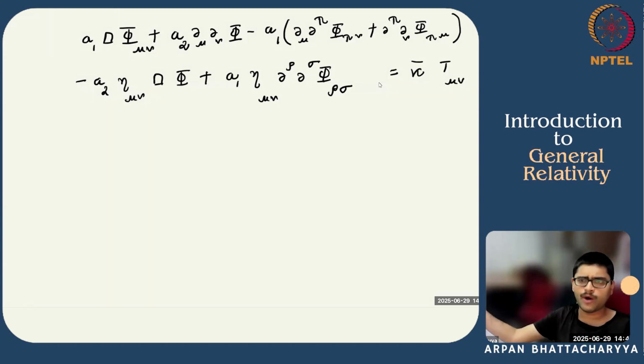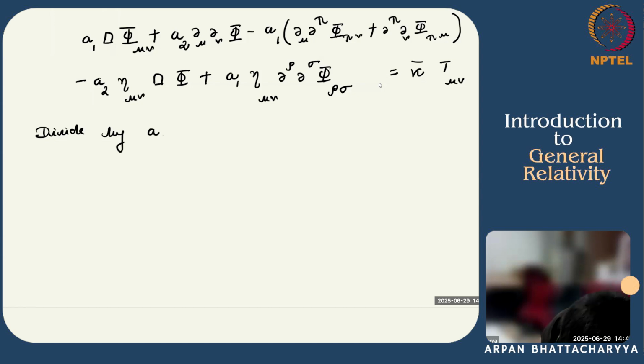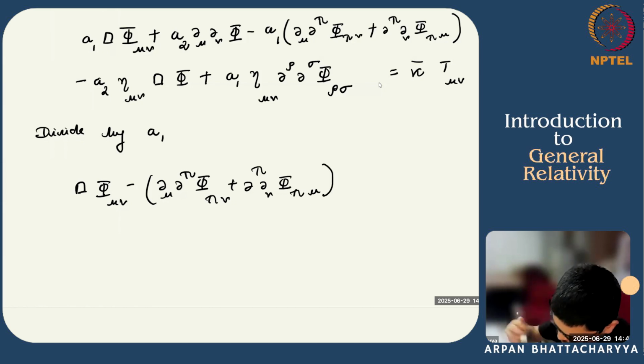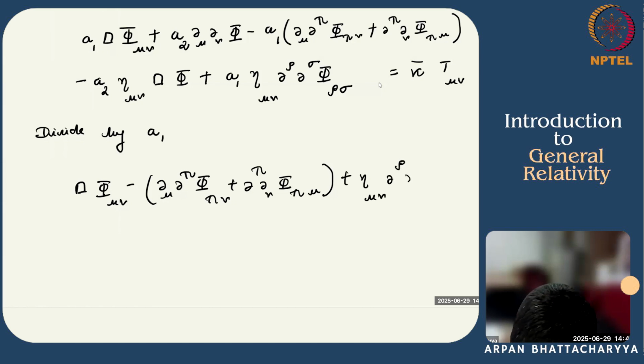Now let's divide both sides by A1, and we get box capital phi mu nu minus del mu del lambda capital phi lambda nu plus del nu del lambda capital phi lambda mu, and then we have eta mu nu del rho del sigma phi rho sigma.